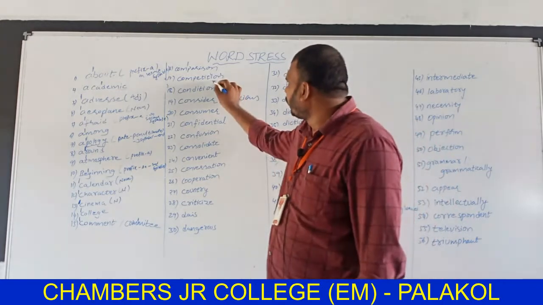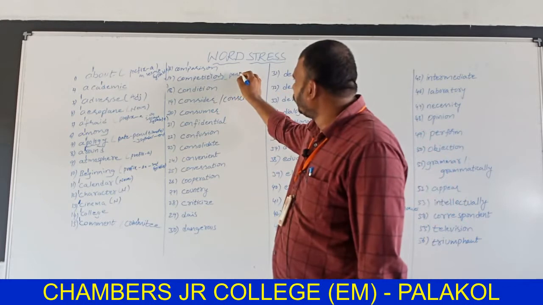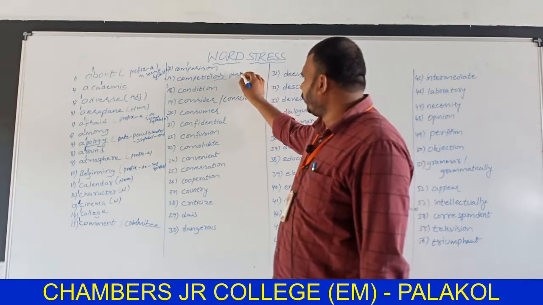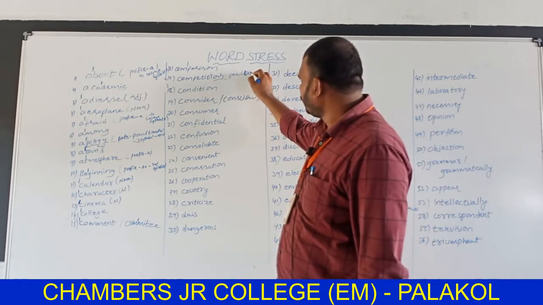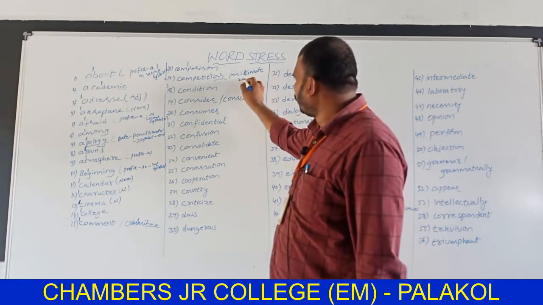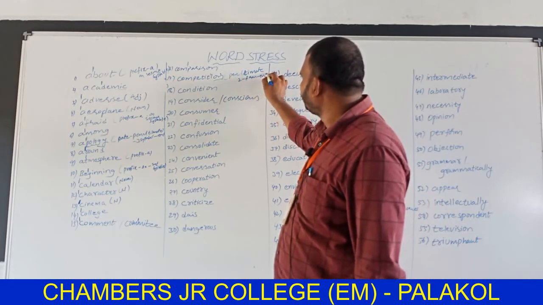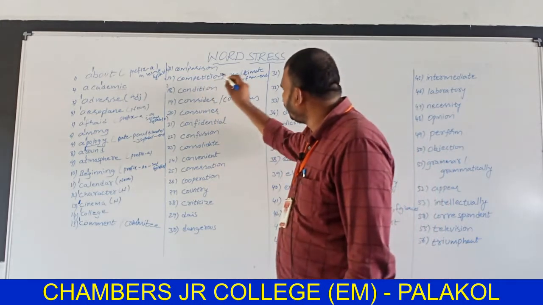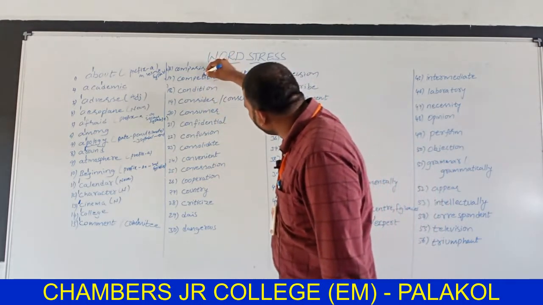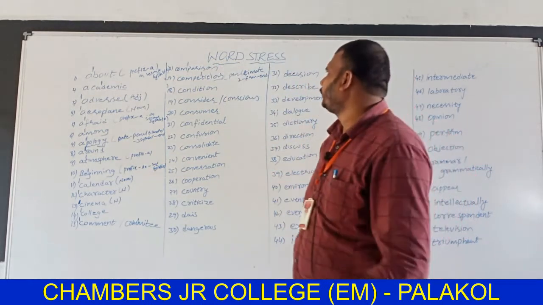When a word ends with the suffix ION, it takes stress on the penultimate. So what does the word penultimate refer to? The second syllable from the end. So where should we put stress here? Competition. The stress mark is on the first T, competition.